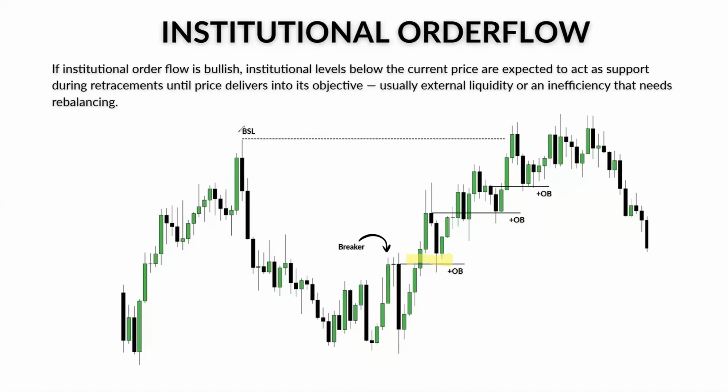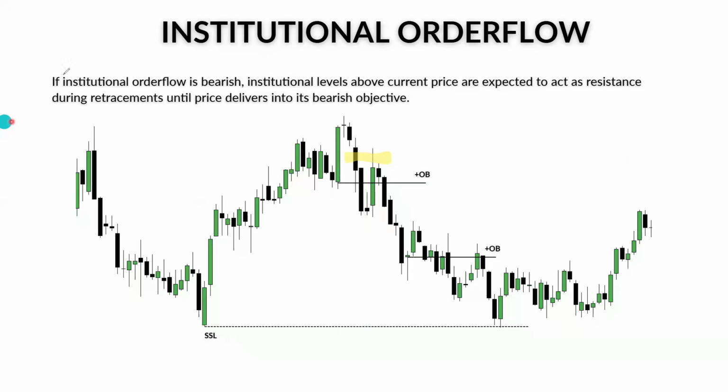Another way to apply this concept is when you see clear liquidity above price here, you can see this buy side liquidity, and price keeps finding support as it rallies higher on each institutional level. This will reveal to you that institutional order flow is bullish, giving you the opportunity to participate in the bullish move. So let's take an example of the bearish institutional order flow.